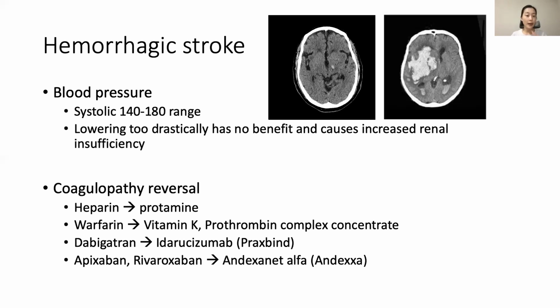And then Praxbind and Andexxa, these are pretty expensive medications, so you don't want to give it if you have a tiny little hemorrhage, like you see in this picture here. You want to have a reasonably large or significant hemorrhage that could be life-changing or life-ending, and you probably wouldn't want to give it for somebody who has an obvious non-survivable hemorrhage either.